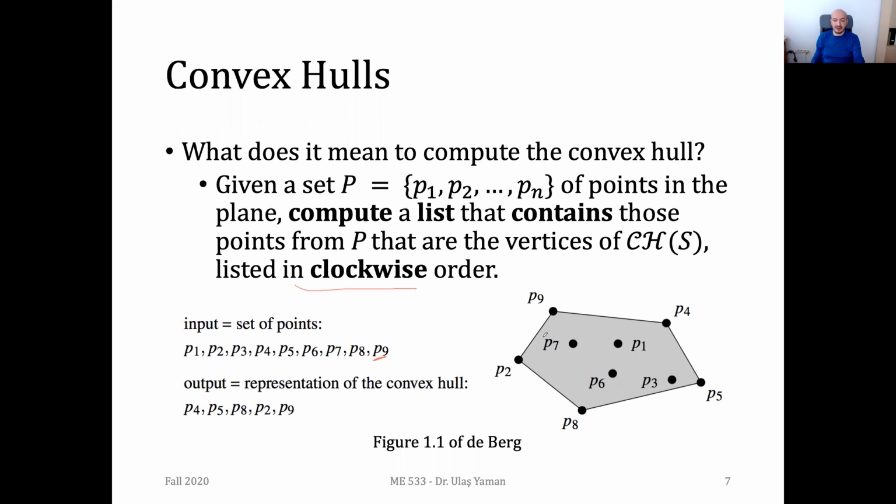The convex hull of this set P is represented with just 5 points, and they should be ordered clockwise. It starts from 4, 5, 8, 2, 9, and then goes back to 4 to obtain the convex hull of the given set P.